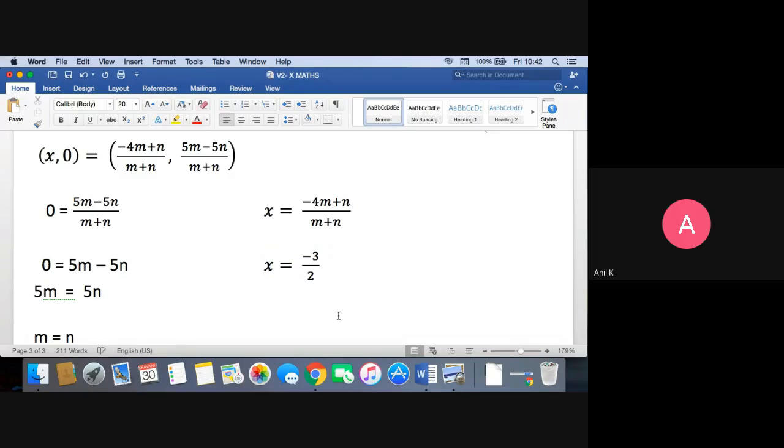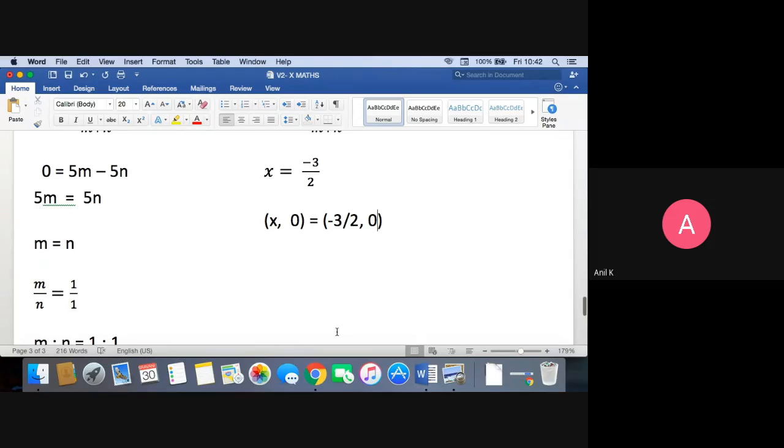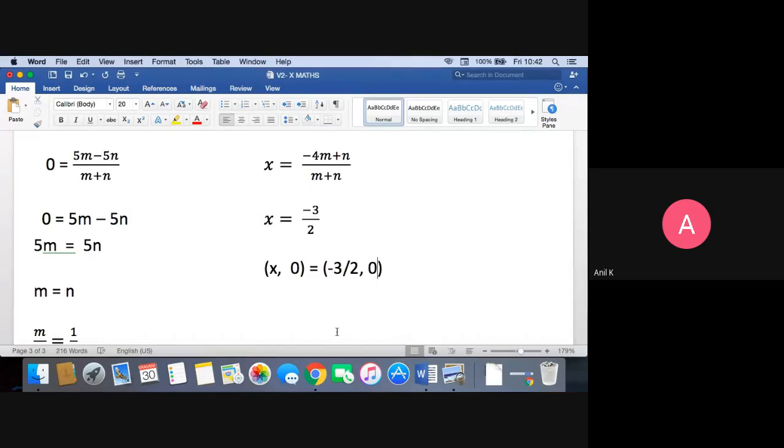Therefore my required point x comma 0 is minus 3 by 2 comma 0. This is the extra point we have to add. If they don't ask to find the point, then no need to find it. If they ask, then you can find it.